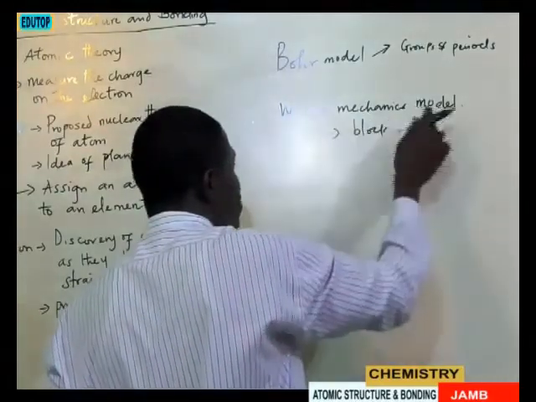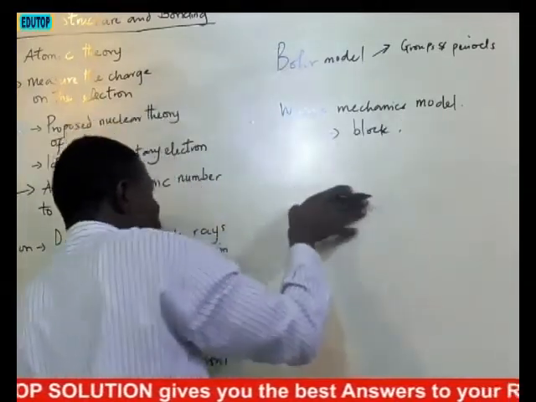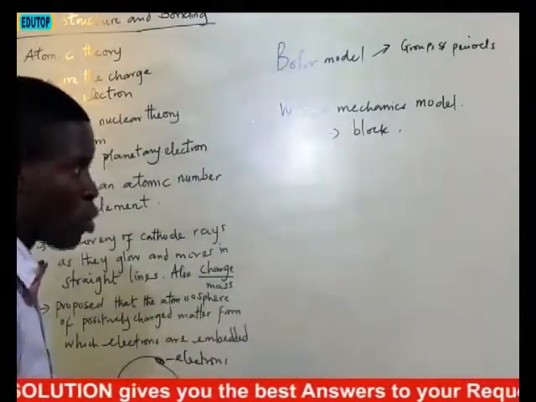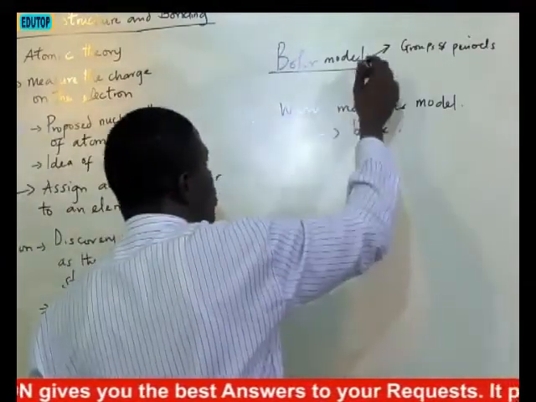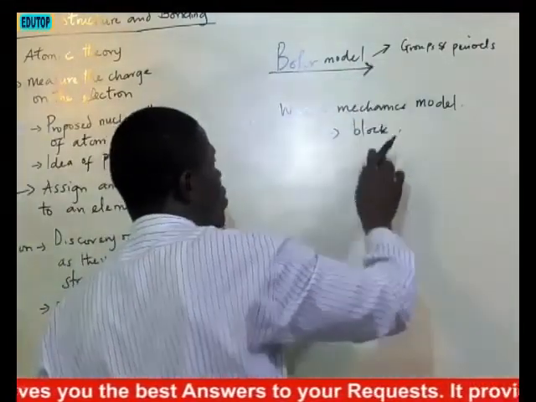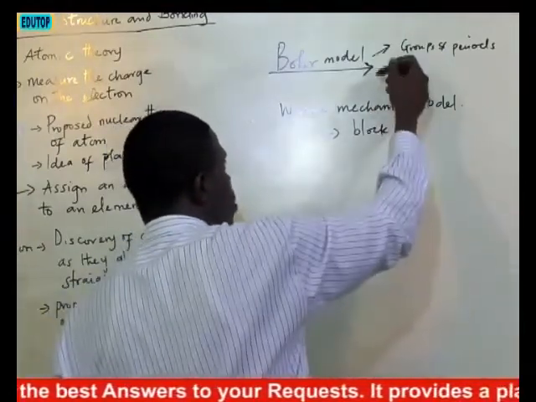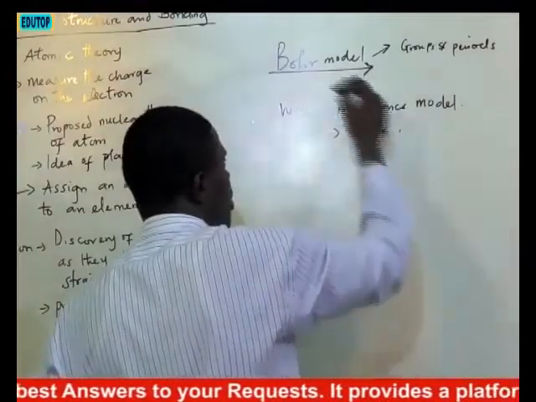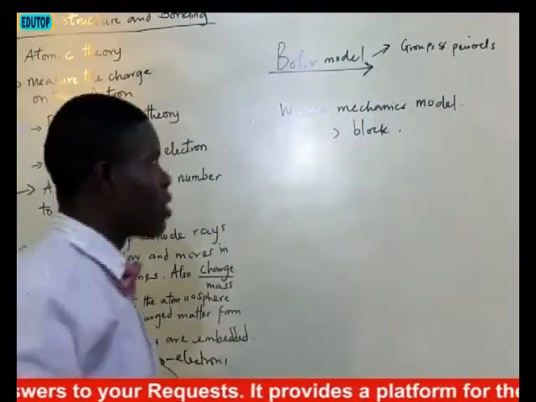So the wave mechanics model works on more complicated molecules, while the Bohr model only talks about the hydrogen spectrum, the hydrogen molecule. Any other molecule that is more complex than hydrogen, the Bohr model definitely failed.